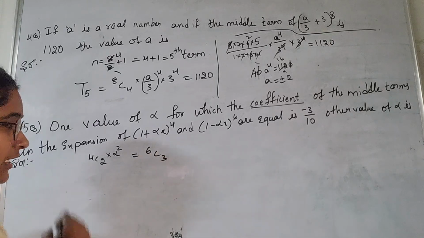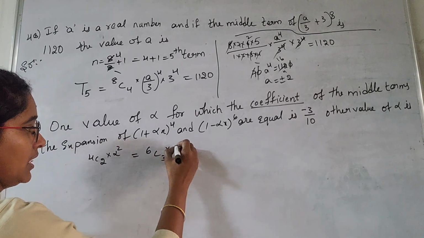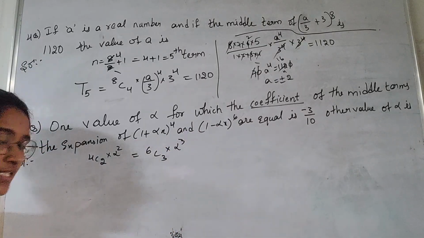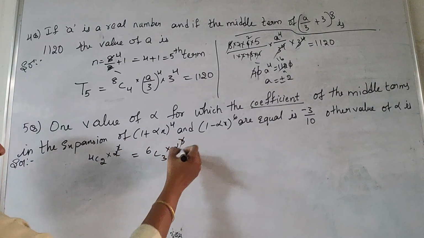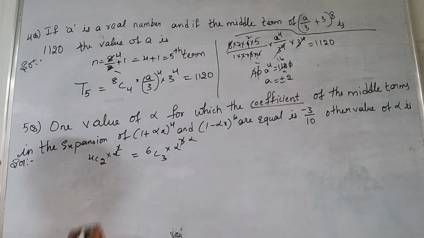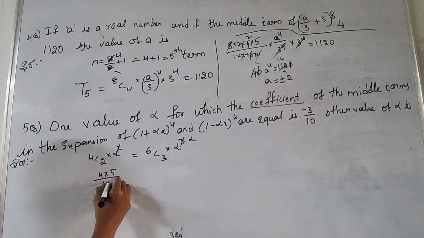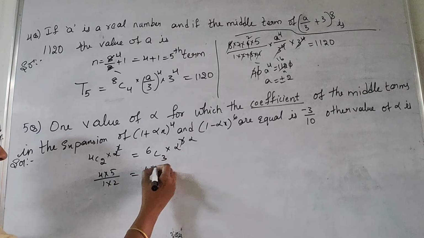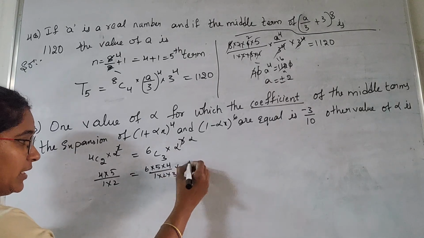The middle term will be 3, okay, r will be 3, then into alpha power of 3, whatever is there, here I am going to get. So if I solve this one, how much am I going to get? This alpha square and alpha, so one more alpha is left over, and this is 4C2, so 4 into 5 by 1 into 2 is equal to 6, 3 terms, 6, 5, 4 by 1 into 2 into 3 into alpha.